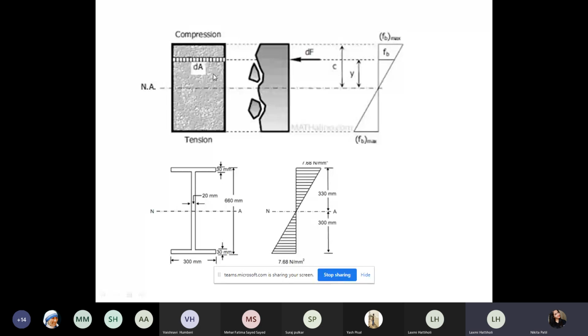cursor is not moving, ma'am. Cursor is not moving. You're not able to see my diagram. Yes, ma'am. No, ma'am. Okay, let me show this once again. Let me share this once again. Now please observe. Is it visible? I'm showing it in paint.